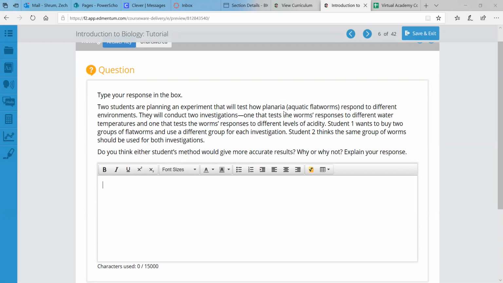Shouldn't we actually use the same group of worms? It doesn't make sense to use 2 different groups, because how do you know that the difference isn't between the different groups and not the actual things we're trying to measure, which is temperature and acidity?